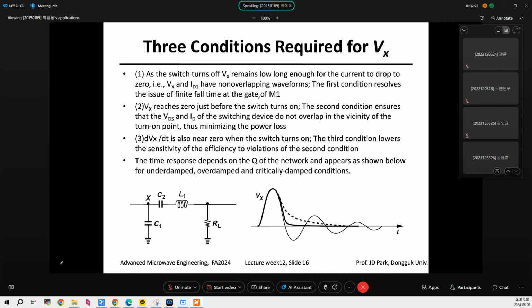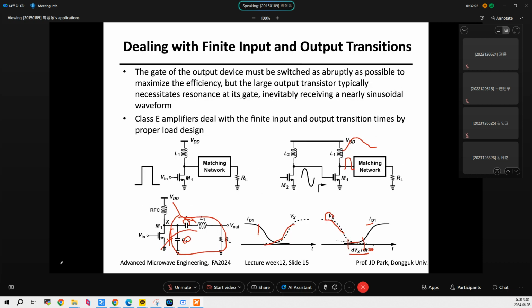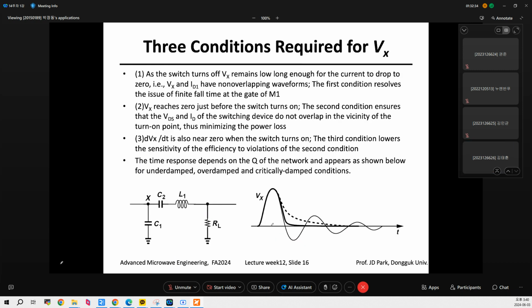The first one is actually this. And the second one, Vx reaches zero just before the switch turns on. Vx should be zero even before switching turns on.